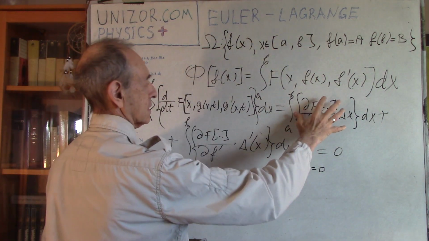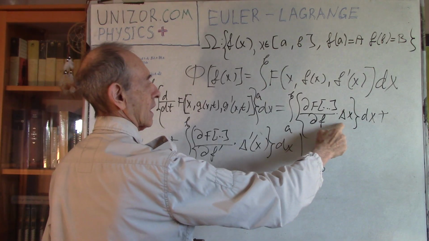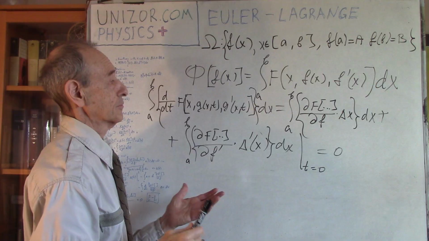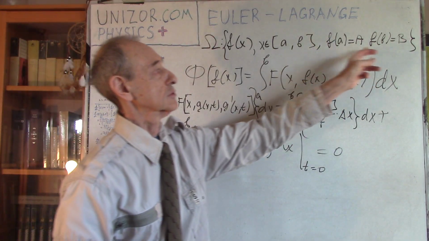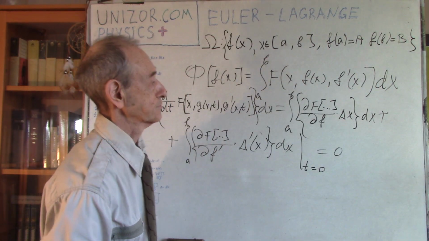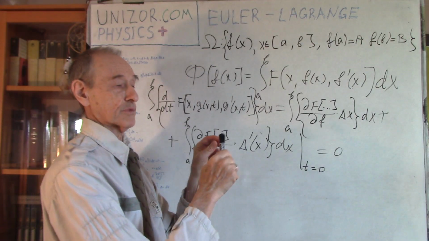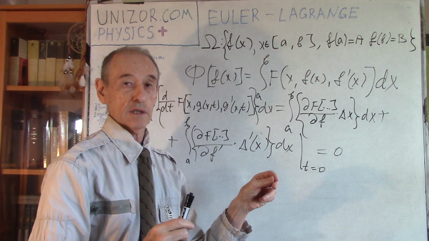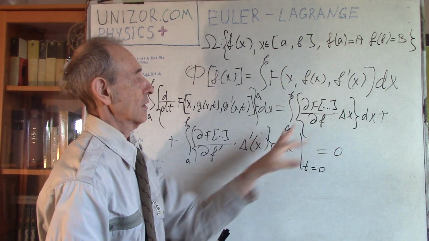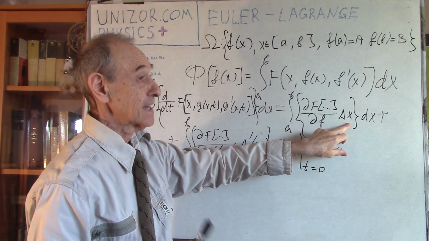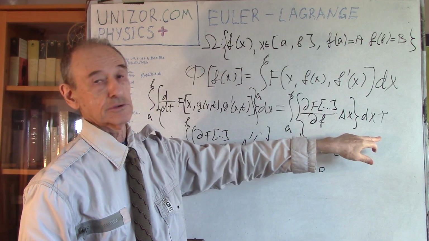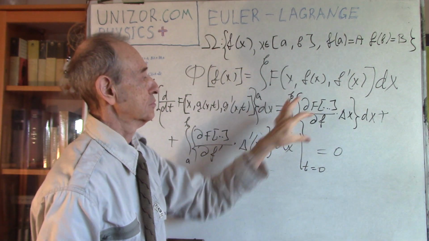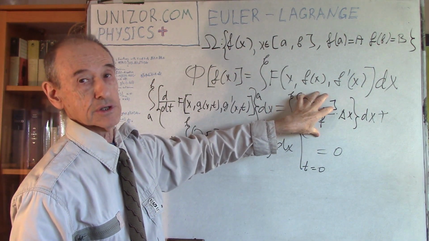If I had only one integral instead of two, delta of x must be any increment as long as it's equal to 0 on both ends, right? Because I can step from f0 to f1 in any direction, so my delta of x would be an increment in any direction. Now, if something times any function gives an integral equal to 0, obviously the only way to achieve it is for this something to be equal to 0.